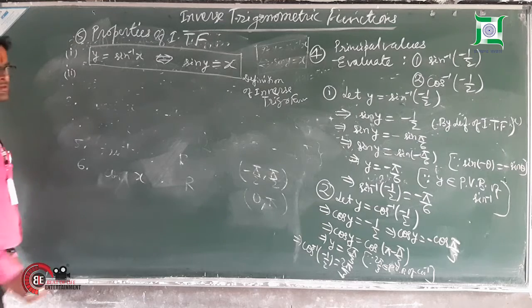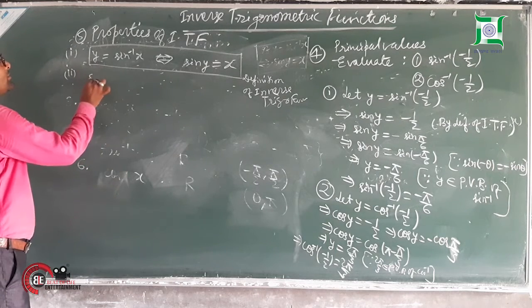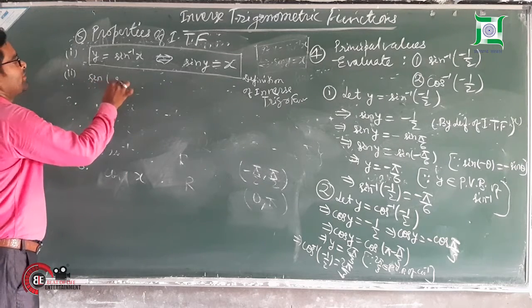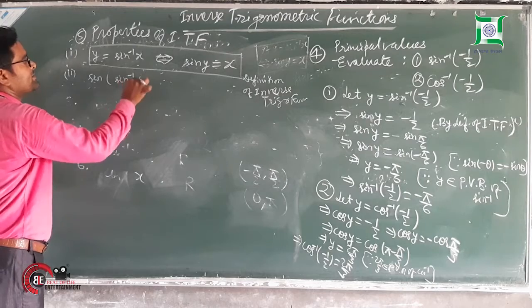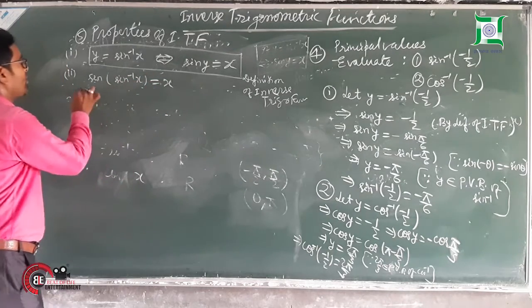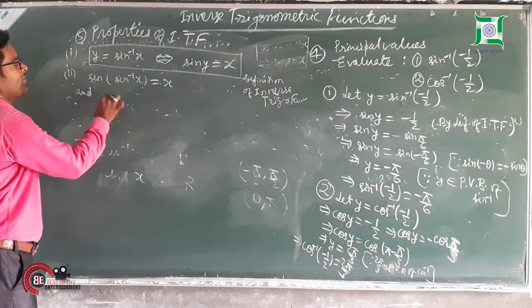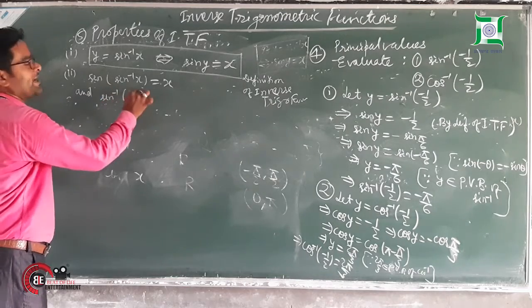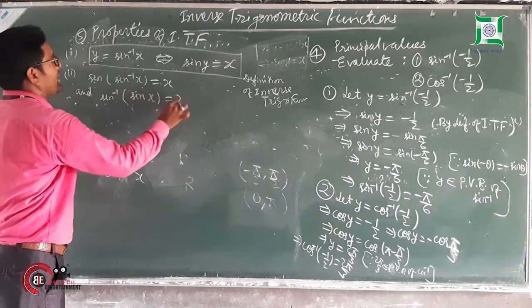Next one is, we are having sine of sine inverse x is equal to x, and we are also having sine inverse of sine x is equal to x.